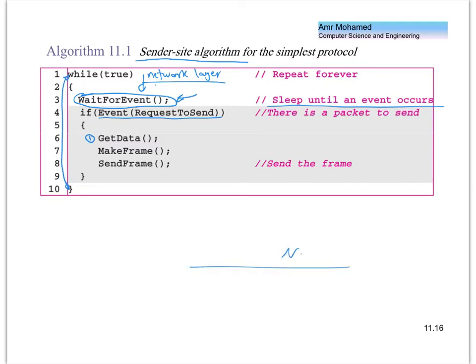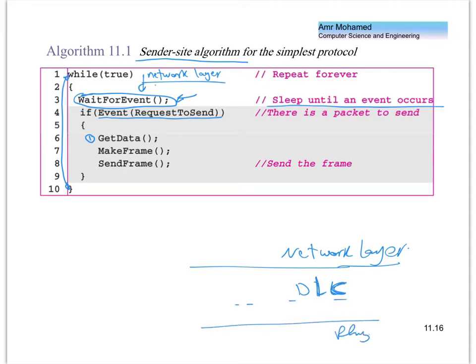So here you have the network layer, and this is the data link layer, or the data link control, and then you have the physical layer.